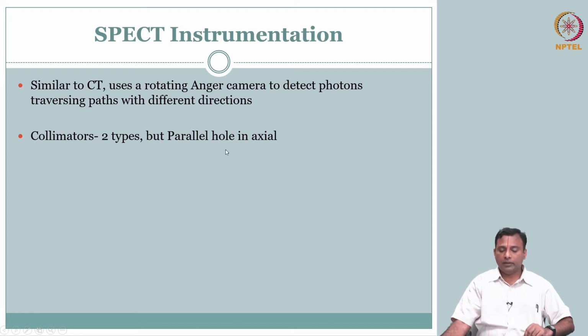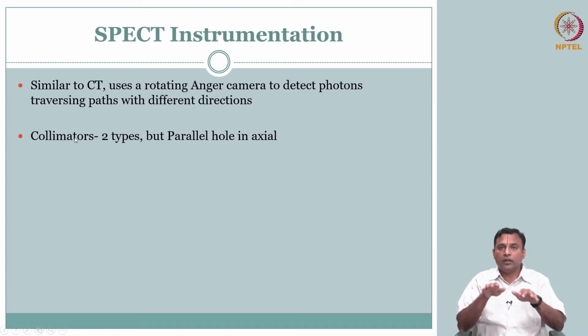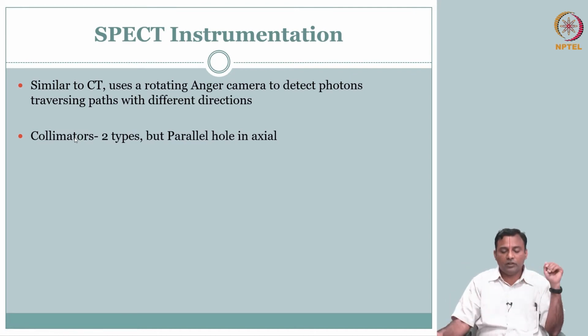Of course, we will think about the parallel hole collimator, but you could also have your diverging, the other types that we talked about. So you can think about having a fan beam in some sense. We will talk about parallel hole, so that it is straightforward to what we covered in our X-ray CT, at least the introduction material before we compensated for fan beam. Okay, so we will do parallel hole.